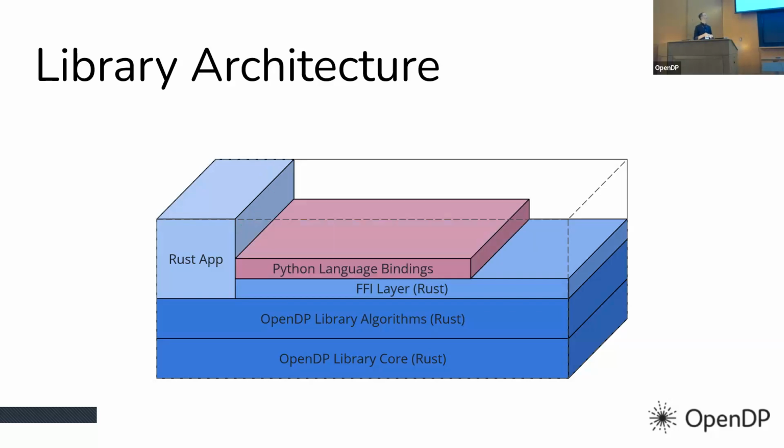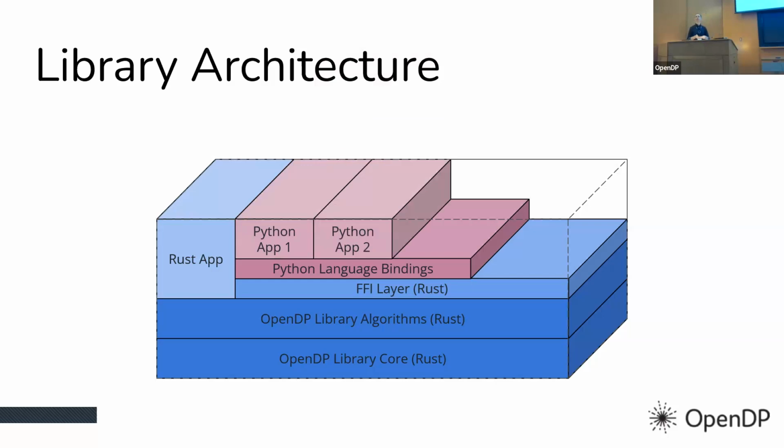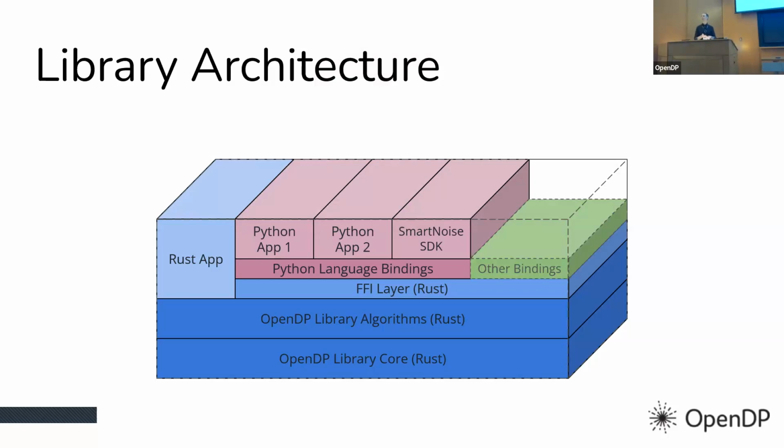So on top of that FFI layer, we add language bindings, and then that makes OpenDP available for interpreting environments or for building applications that are a little more what a data scientist might expect. That's also the interface that SmartNoise uses. But you can see there's another slot there that we might fill in. So the expectation is we can add future bindings for other languages in the future. And I got a hint of what's coming up, but we're going to talk about something exciting later on in the presentation.